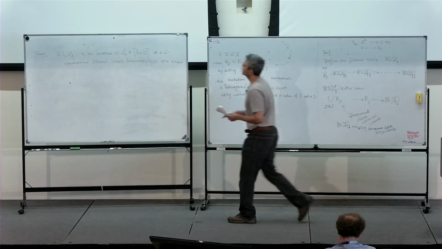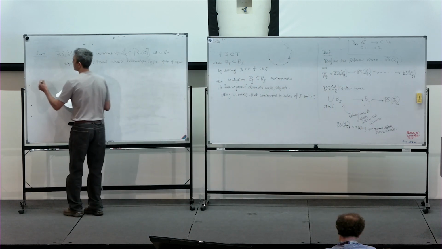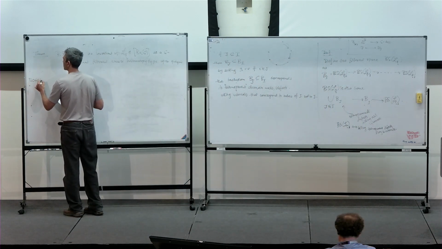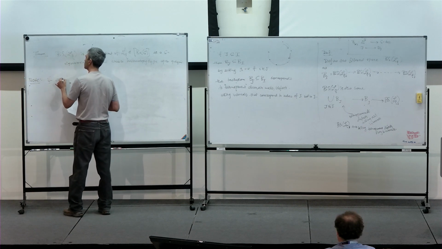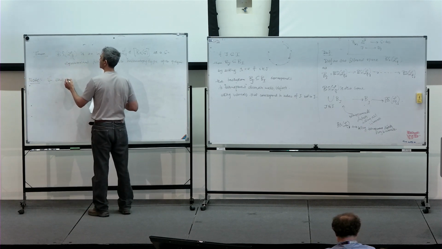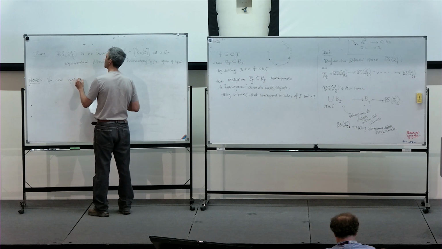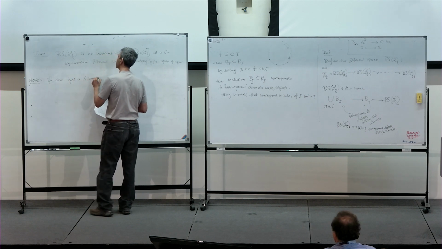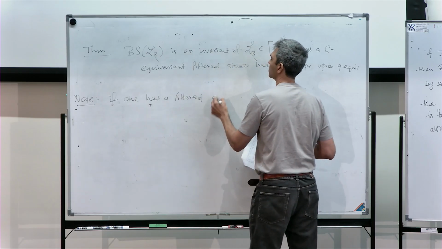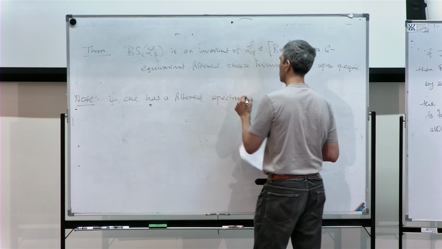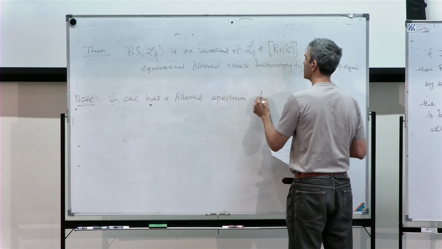So quasi-equivalence is literally given the following way. Let me describe some context. If one has a filtered spectrum, let's call it A dot.